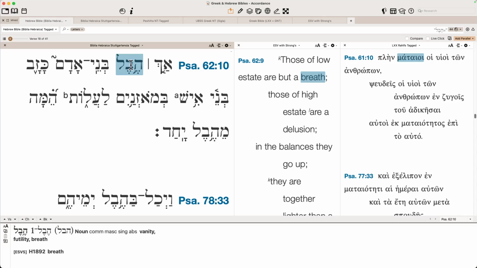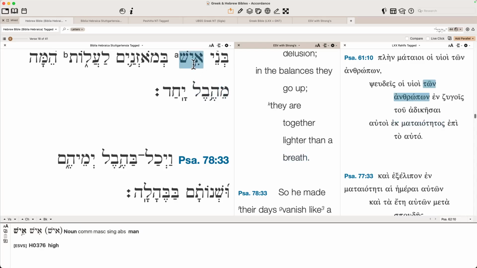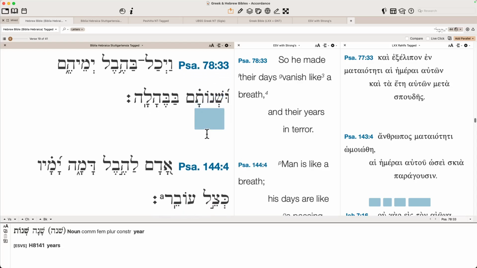But empty breath are the sons of Adam. The sons of Ish, in a balance is to go up. They are together less than Hebel. And I think it has to mean something like breath there.